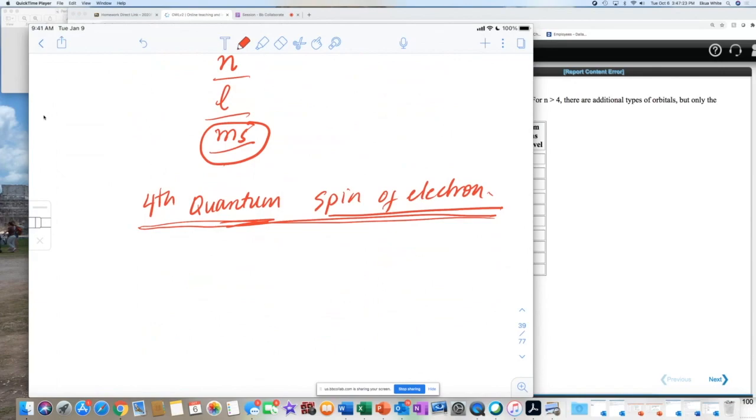The electron can have two possible spins. One is the up spin, the other one is the down spin. So this fourth quantum number has two possible values, plus 1/2, negative 1/2. But once again, I just happened to tell you about it since I started talking about it. We won't do anything with this in this section right here.